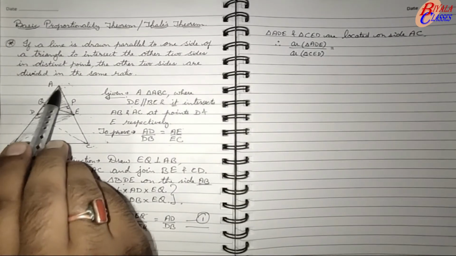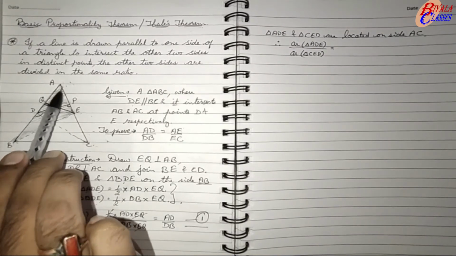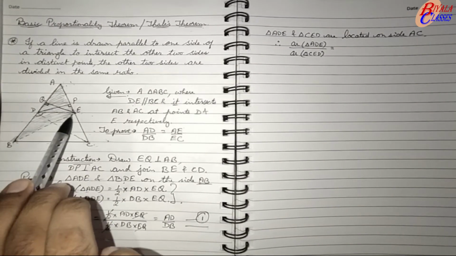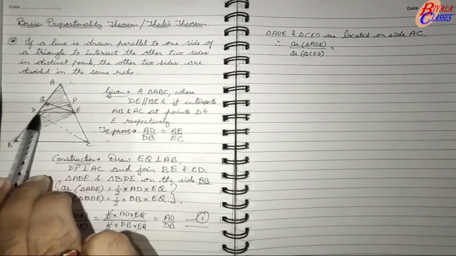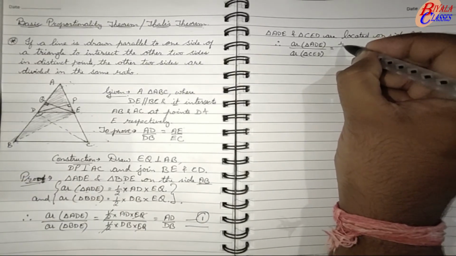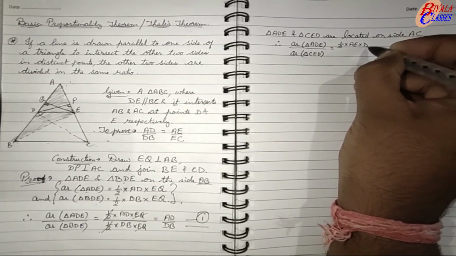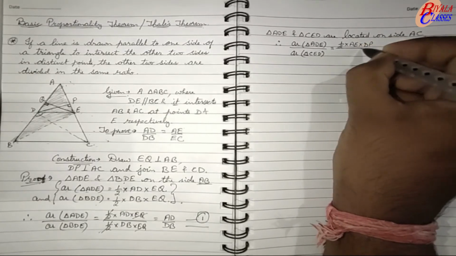Now this time when we take the area of triangle ADE, we will take AE as the base and DP will be the altitude, the height of this. So this area is half AE multiplied by DP.